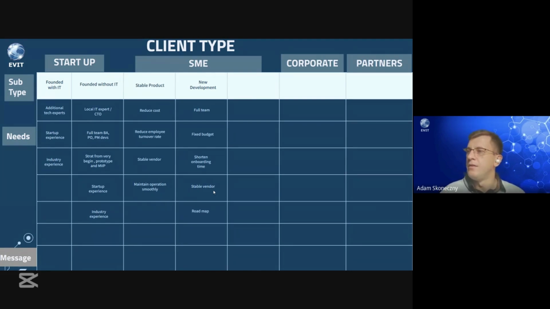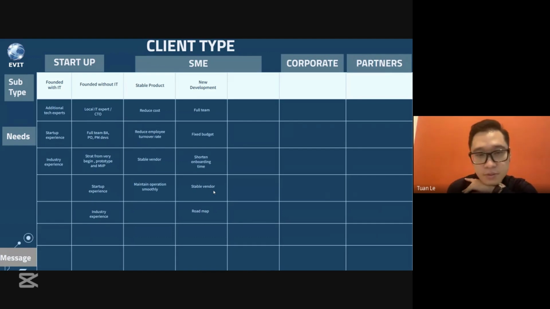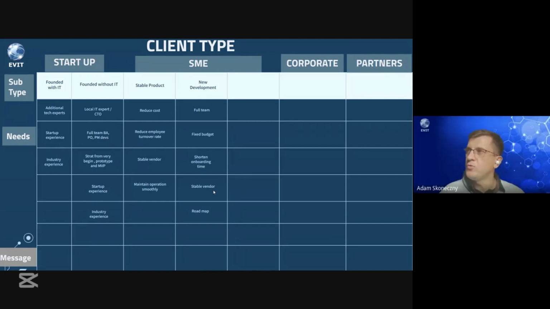Yeah, thank you for mentioning it. It's a very good point. And the roadmap, as I mentioned to you before, is also very important for those people. They can plan their business. They can know when the product will get first released. They can plan when the product will be commercialized. So this is also important.